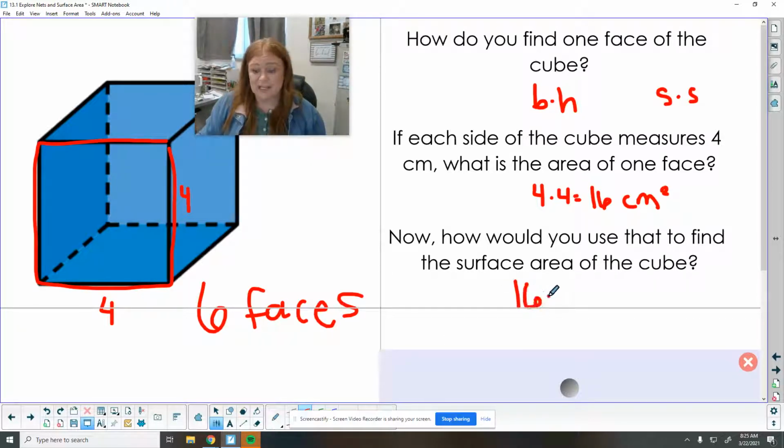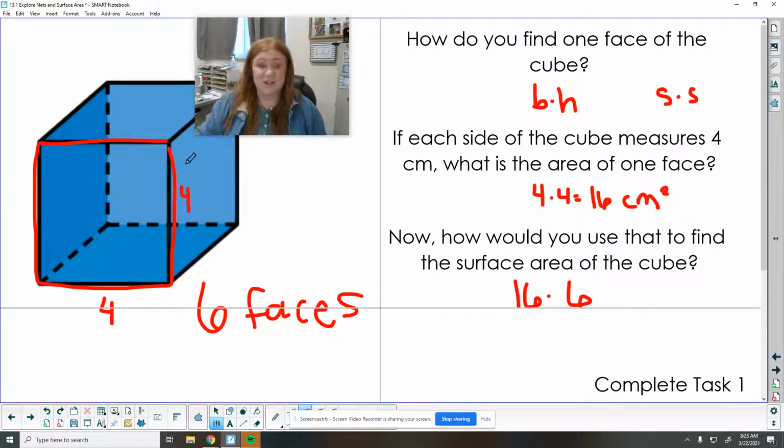So 16 times 6 will tell us that surface area. So we found one of these, times it by 6 since they're all the same. And that will tell us the area we need to cover each surface, right? Surface area. So go ahead and complete task 1 and then come back when you are ready to do task 2.